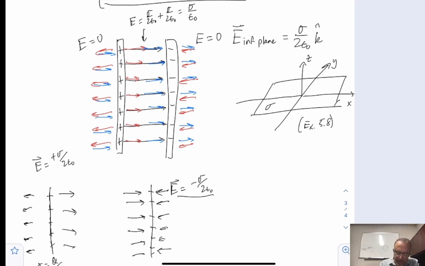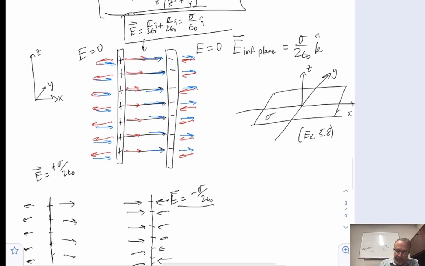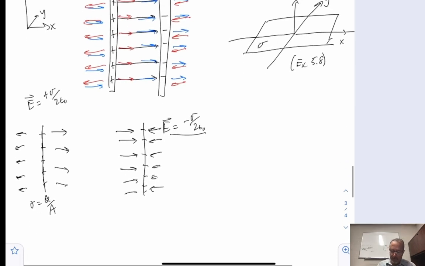And let's just say that we made this the x direction, and z, y, whatever. Then I would say that the electric field in between those regions is sigma over epsilon naught i hat. And that's a result that's quite important. We'll see that over and over again.